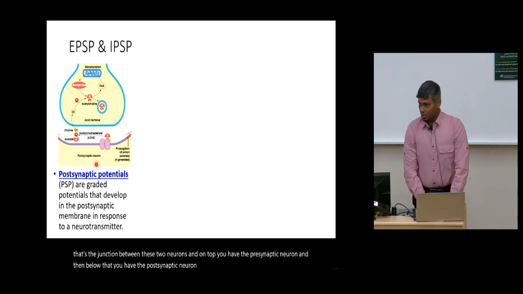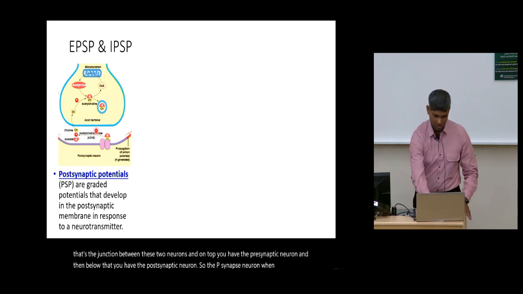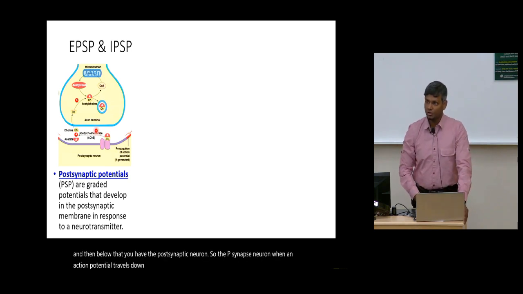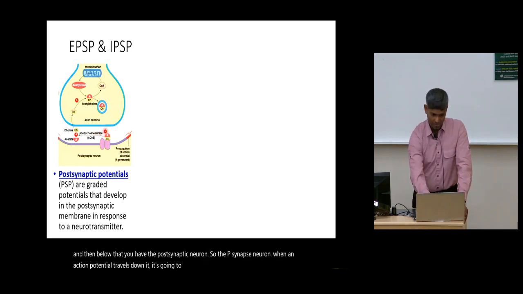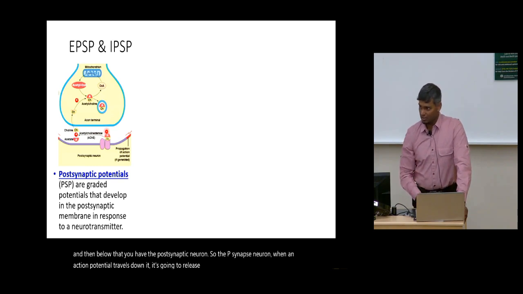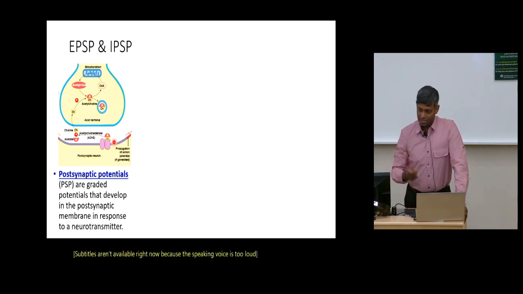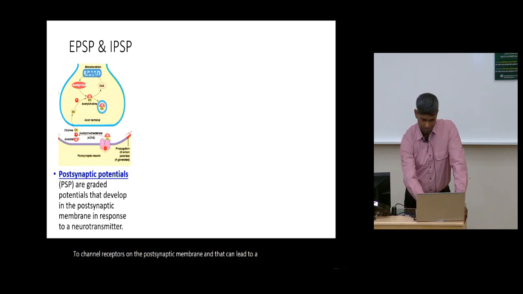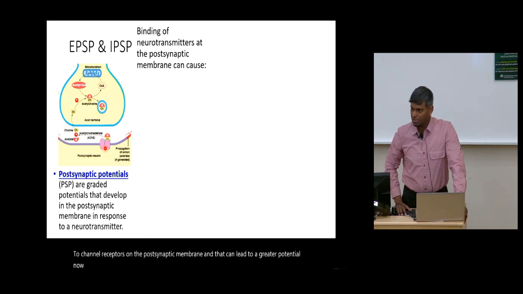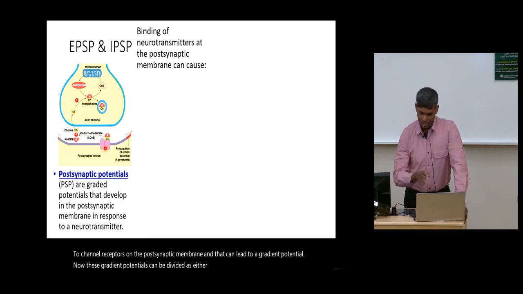When an action potential travels down the presynaptic neuron, it's going to release vesicles containing the neurotransmitters, and these neurotransmitters can bind to channel receptors on the postsynaptic membrane, and that can lead to a graded potential.